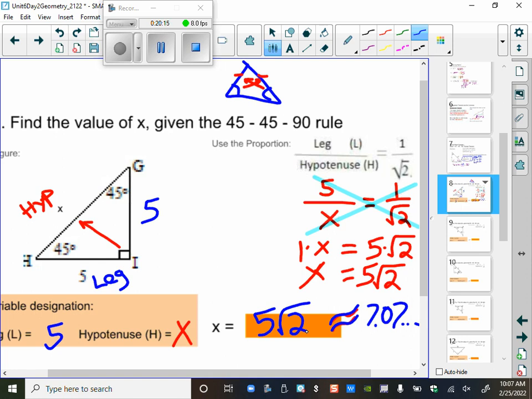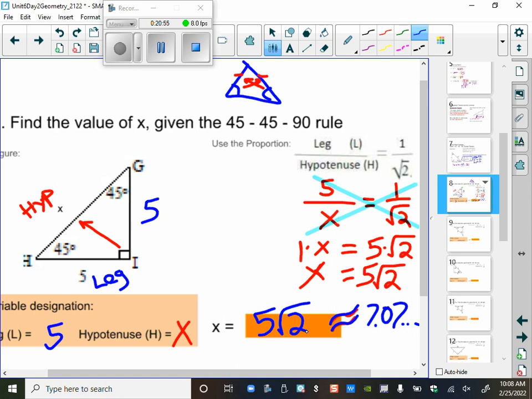Okay. You are allowed to leave your answer as 5 times square root of 2. So if you did not go beyond here, that's okay, because whole number times non-perfect square root, you can leave it like this, 5 square root of 2.